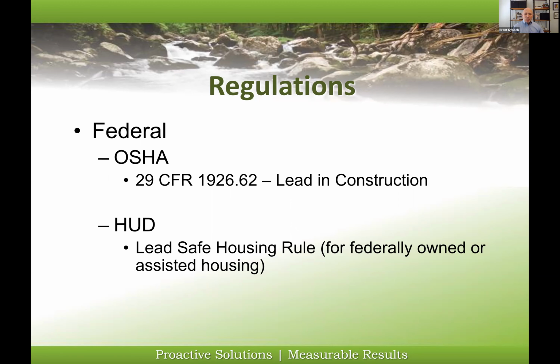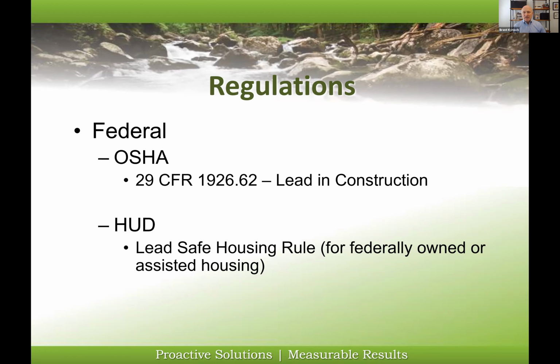And then under HUD, we've got a lead safe housing rule, and that applies to federally owned or assisted housing. I did mention Title 10 as well under EPA, but the lead safe housing rule sets up standards around federally owned or assisted housing. And depending on what kind of housing and how much assistance, there are specific requirements under these HUD rules.